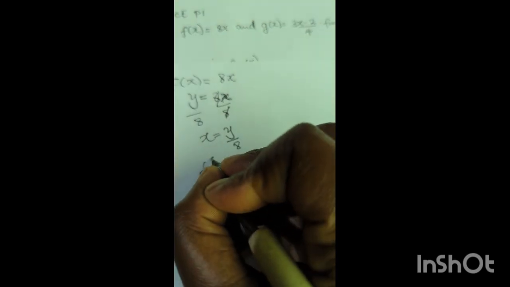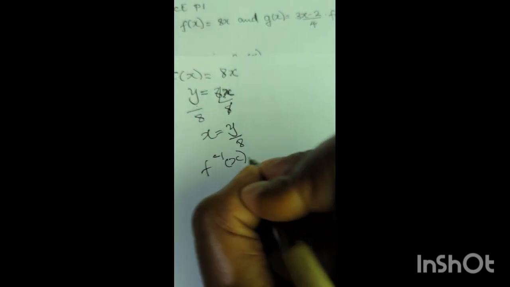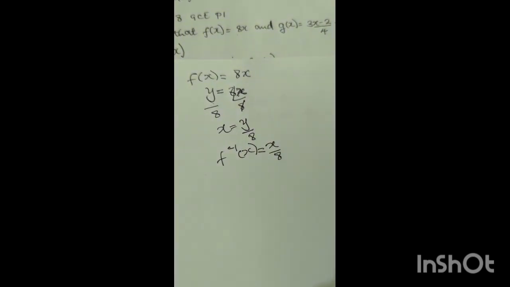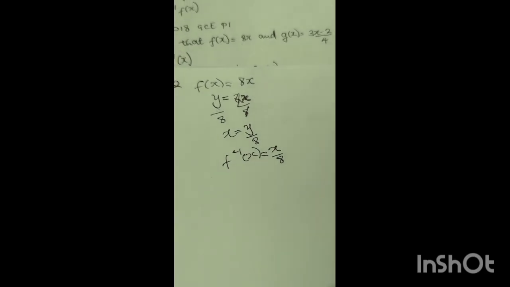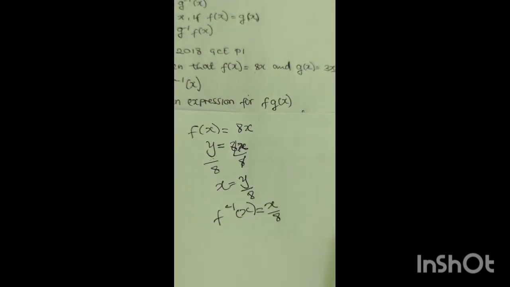So f inverse of x is equal to, then where there is y, replace with x over 8. Pardon me, my handwriting is not so good, but at least they are visible, right? So f inverse of x is equal to x over 8. That is it. That is the inverse. And then b is there. Find an expression for fg of x.